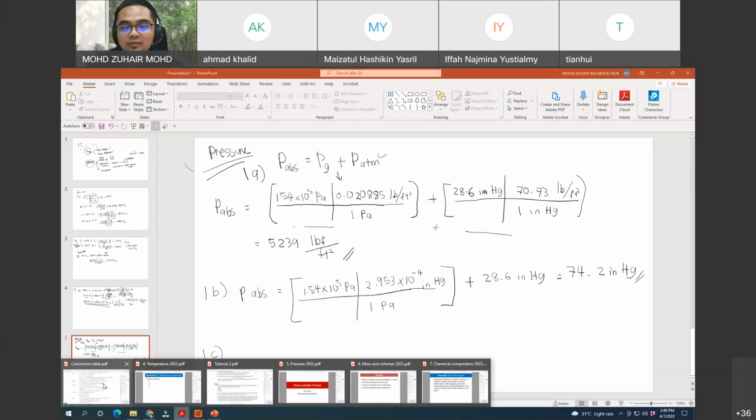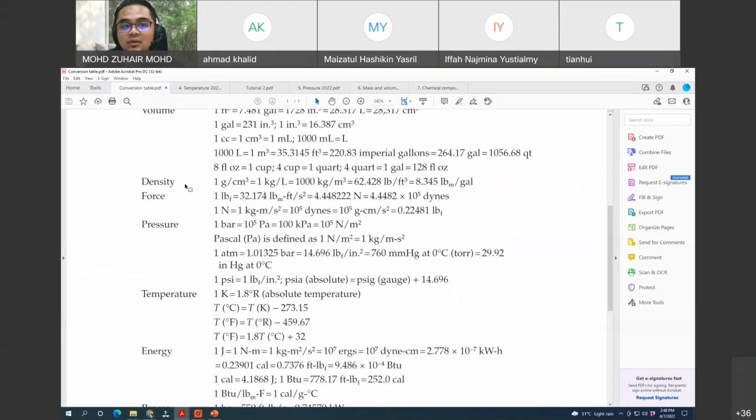Again, you need to refer to this pressure conversion table. They say 1 Pascal. Okay, it's not exactly 1 Pascal. You need to do some readjustment so that it's going to fit. They say 1 ATM.